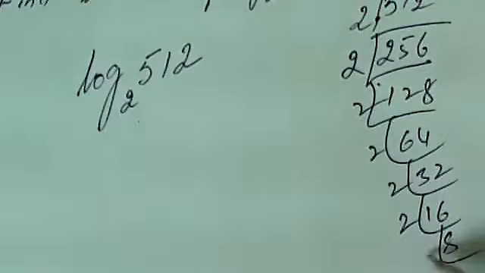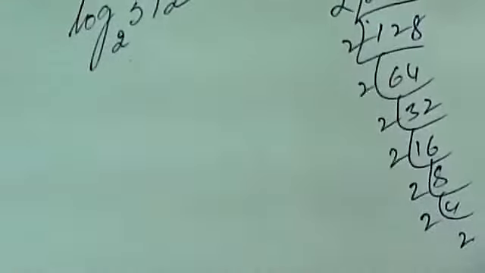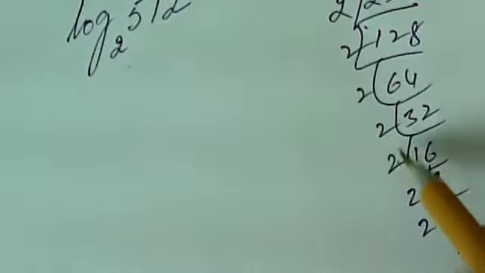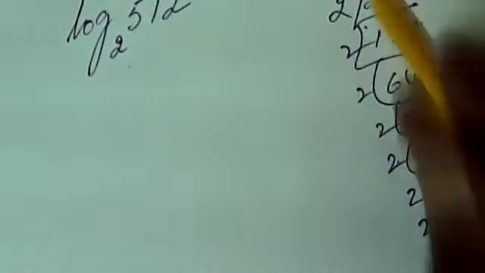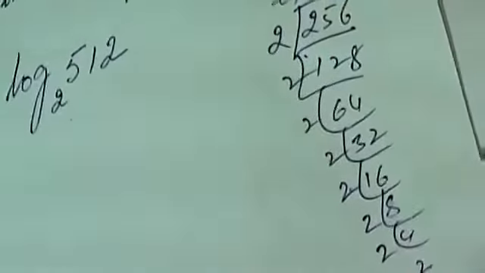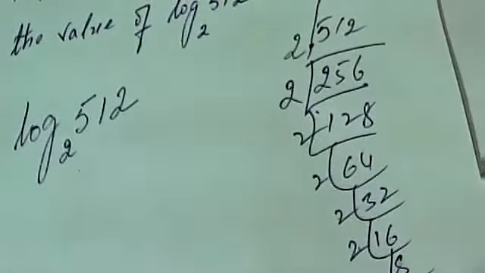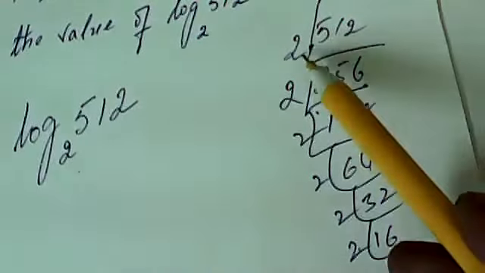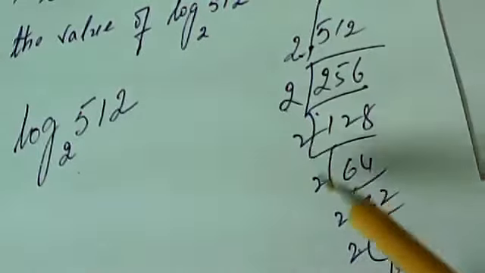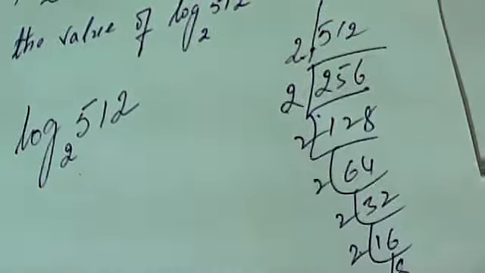This is 2 cube anyway. Counting the twos: 1 2 3 4 5 6 7 8 9. Let me look at it again: 1 2 3 4 5 6 7 8 9.